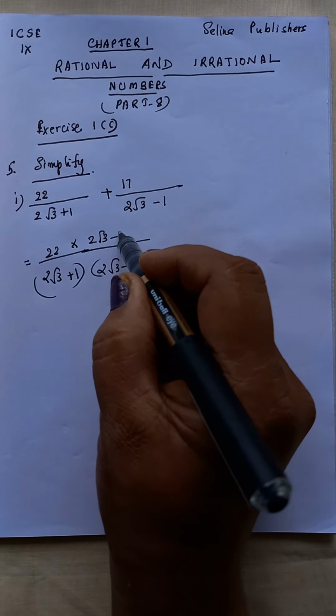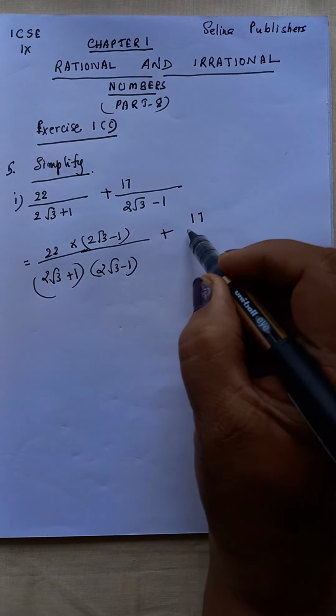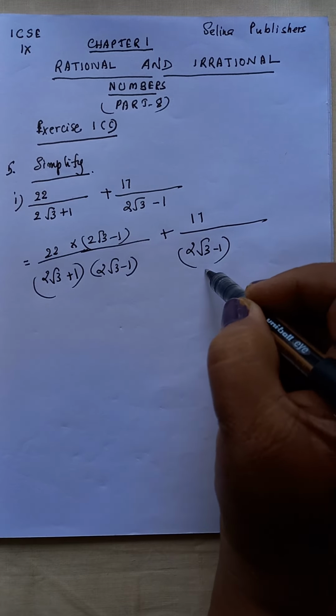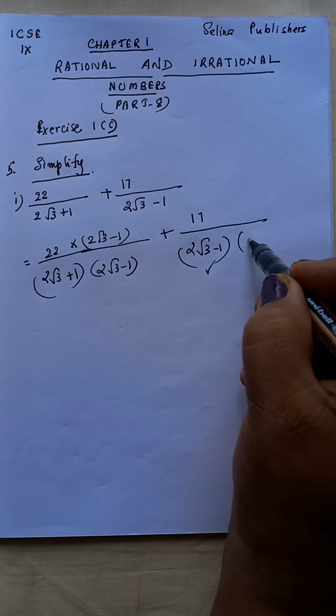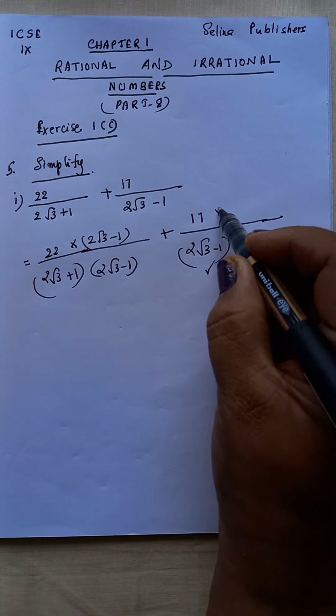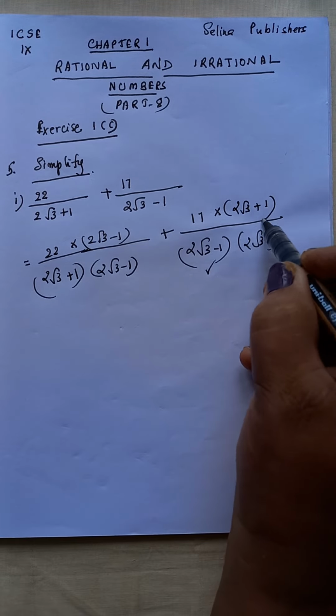So 2 root 3 minus 1. Here this is plus 17 by 2 root 3 minus 1. Here the conjugate to 2 root 3 minus 1 is 2 root 3 plus 1. In the numerator also we can multiply 2 root 3 plus 1.